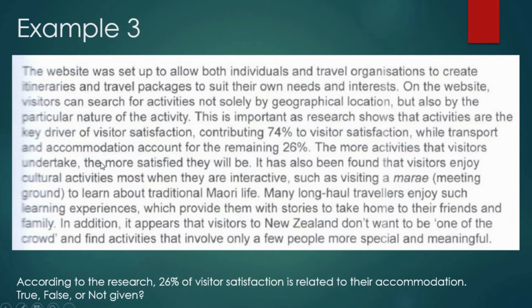The question asks, according to the research, 26% of visitor satisfaction is related to accommodation. But in the passage, it is related to transport and accommodation and not accommodation alone. So 26% is actually an incorrect answer as per this question. That's why the answer is false.